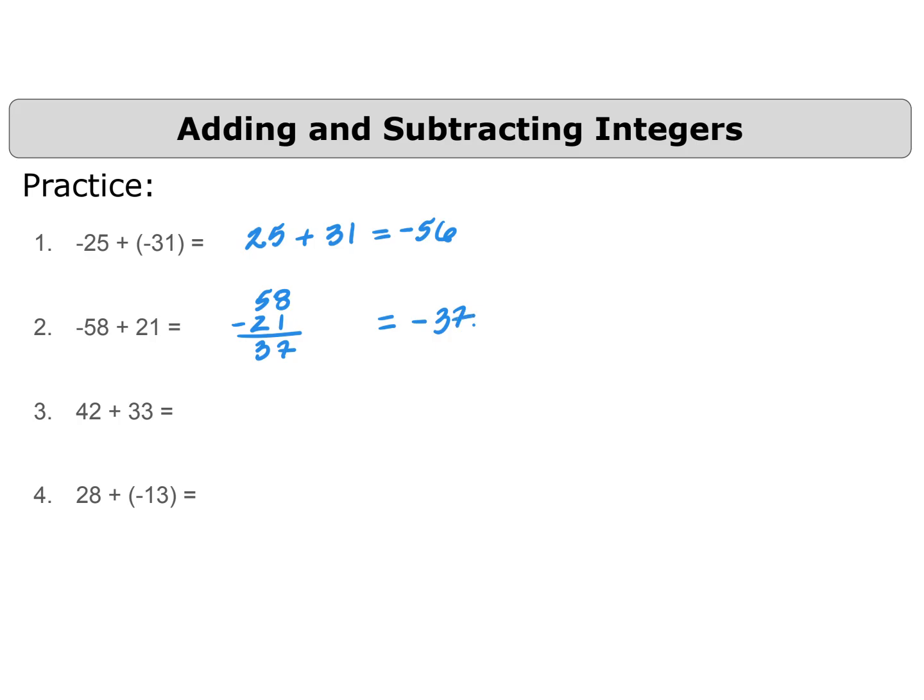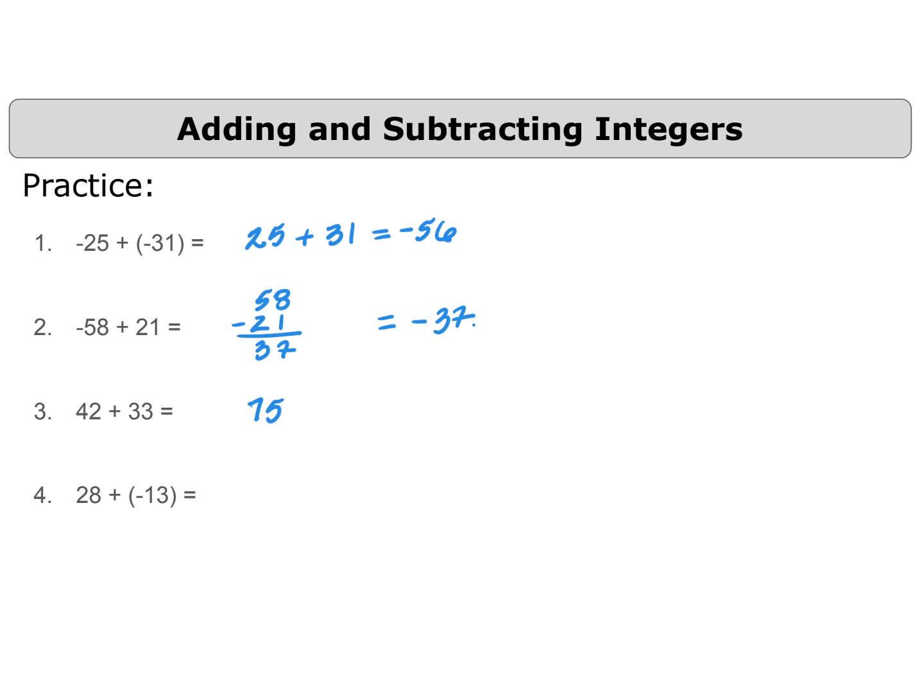For number 3, we have 2 positive numbers, a positive 42 and a positive 33, so we would add those together and we would get 75. And since both of our addends were positive, our answer would be positive as well.